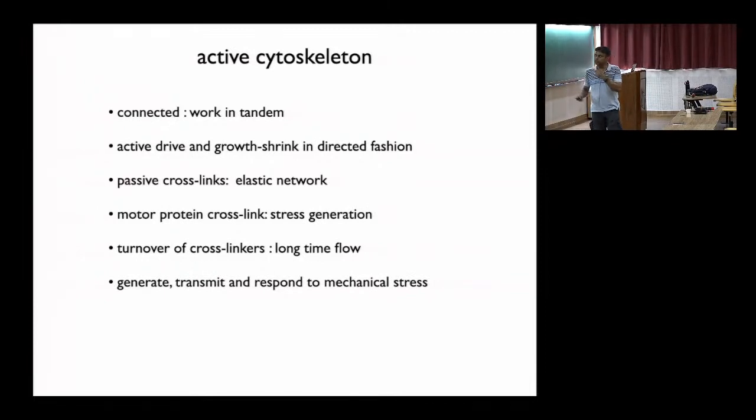The passive cross-linkers can stabilize elastic networks, but they can also undergo turnover, fluidizing them. Motor protein cross-linkers can generate stress in this system, and turnover of these cross-linkers, as I mentioned, at long times can generate flow. This whole active cytoskeleton helps the cell to generate and transmit stress and respond to external stimuli.